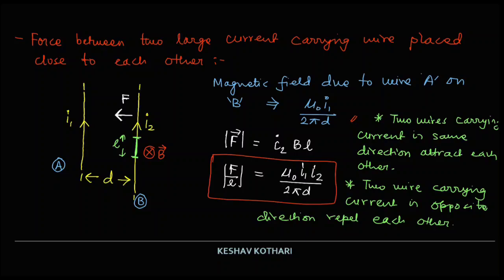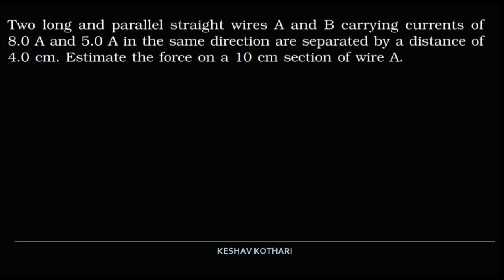Let us deal with a problem. The problem is stating two long and parallel straight wires A and B carrying current of 8 ampere and 5 ampere in the same direction are separated by a distance of 4 centimeter.